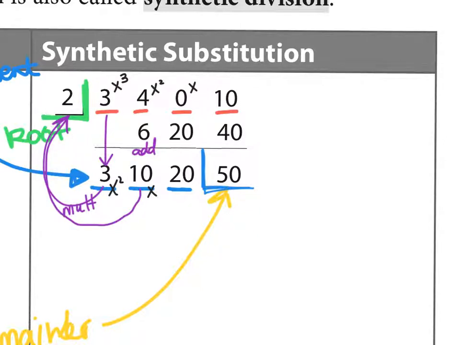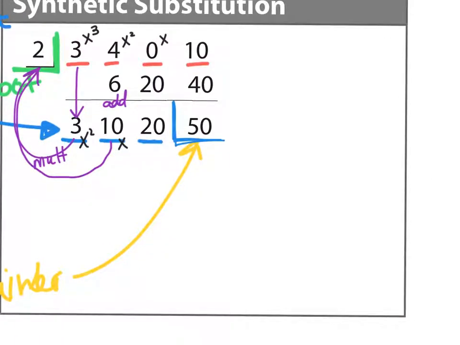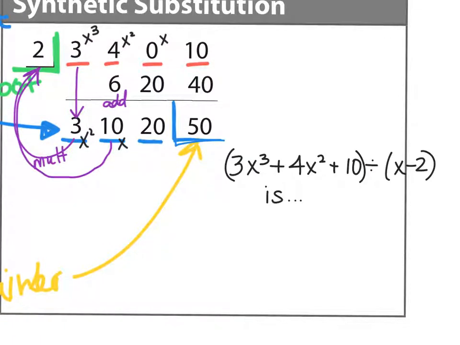So the answer to this division problem is going to be 3x squared plus 10x plus 20 plus, we have a remainder of 50, and we can't just say R50 like you used to do in elementary school. We actually need to understand what that means. So this answer means plus 50 out of x minus 2, and that's because that's the factor that we started with. All right, so make sure you have that written down, and let's try an example together.